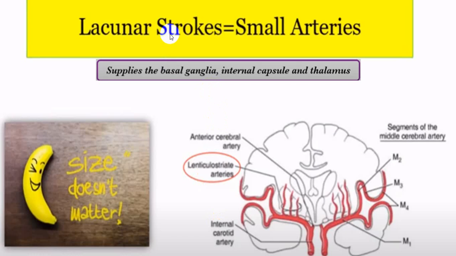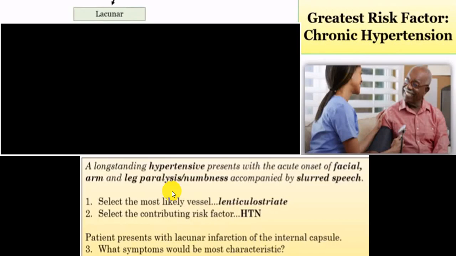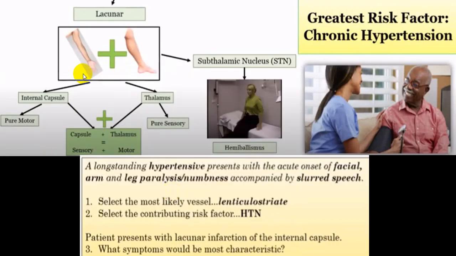Lacunar strokes involve small arteries or penetrating branches which supply the basal ganglia, internal capsule and thalamus. Those are the branches of mainly the middle cerebral artery. And that will give rise to lower limb and upper limb involvement. And if there is an involvement of the subthalamic nucleus, you will get a hemiballismus.